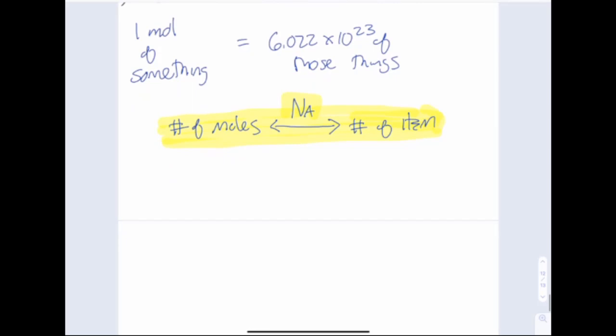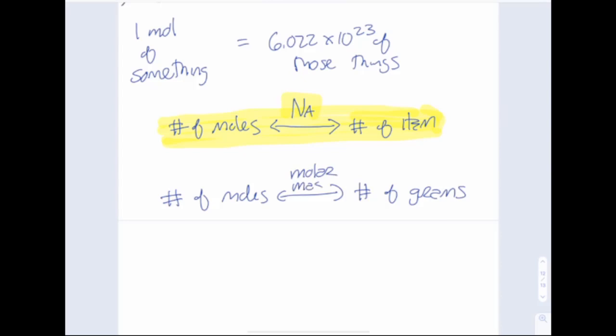The other conversion we have is the molar mass. If we want to go between the number of moles and the number of grams, remember, molar mass is the mass in grams of 1 mole of a substance. So we can use it to convert between moles and grams.